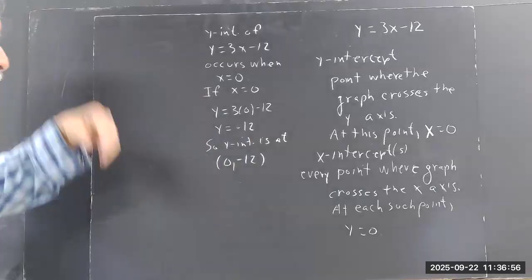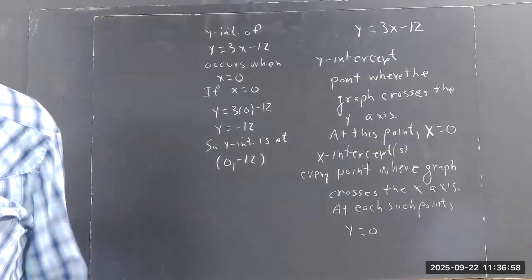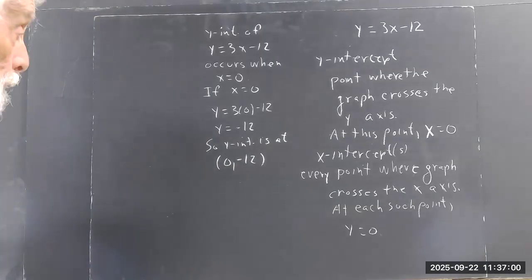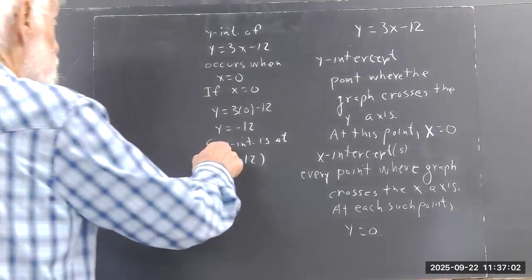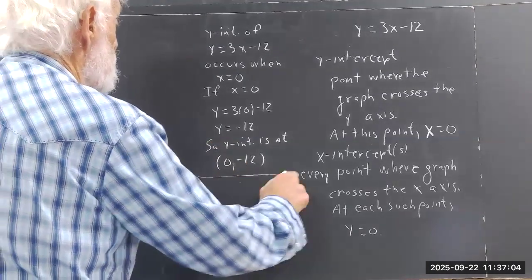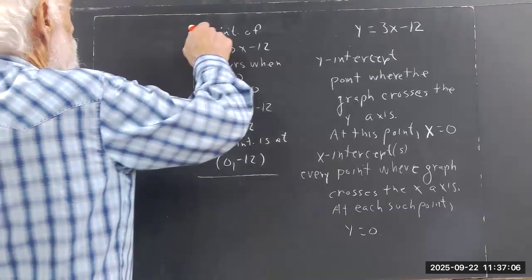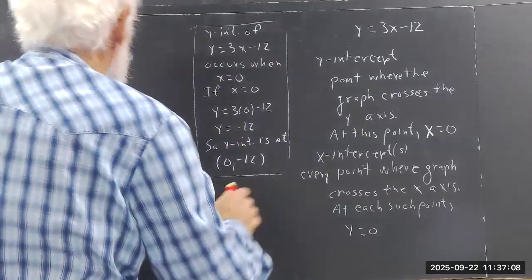Again, I recommend you write out all my words until they sink in. Then you can start abbreviating. So there's your reasoning for the y-intercept.